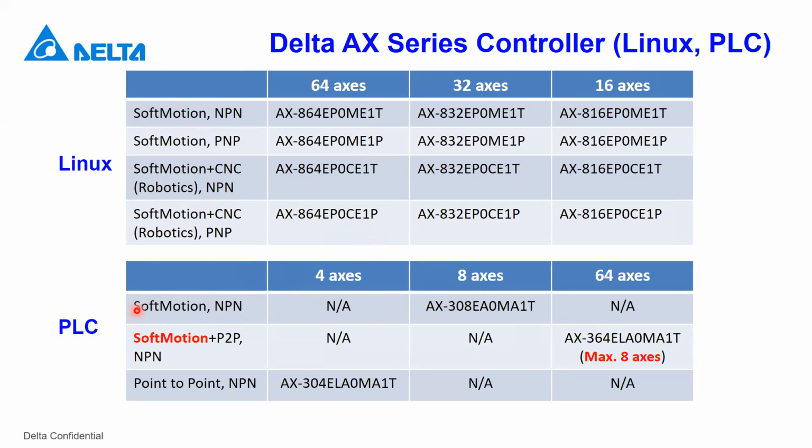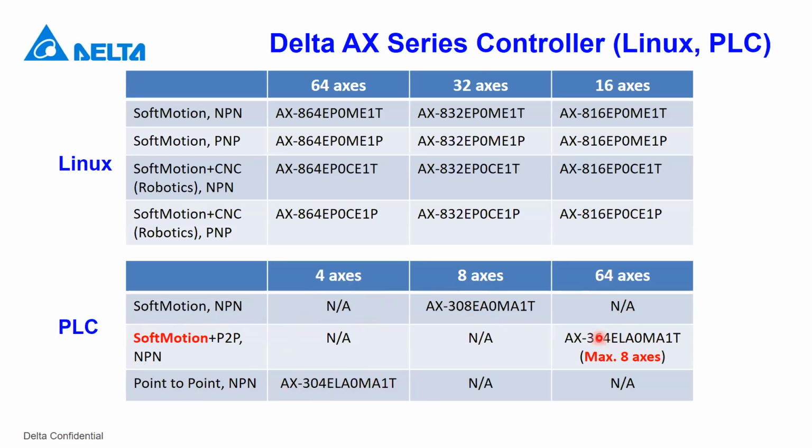So for PLC, you can see we have 3 models. First one is for A6, but this one can support only point-to-point, meaning you cannot do any synchronization or interpolation. And this is the standard one for slow motion, meaning these axes you can use for different, like linear, circular, or helical interpolation.